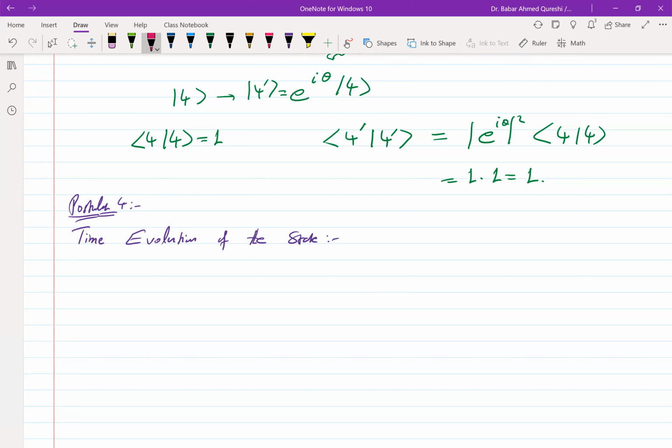So if you have the state psi, and you have normalized it, you have a normalized state psi, and you want some evolution to happen in the theory. You want things to change.